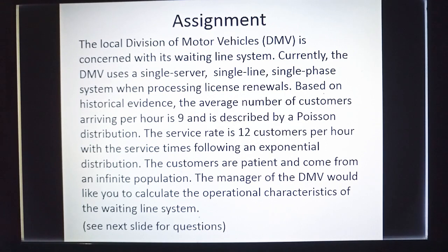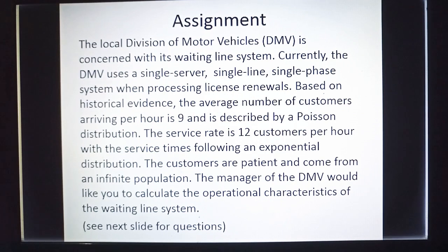Based on historical evidence, the average number of customers arriving per hour is 9 and is described by a Poisson distribution. The service rate is 12 customers per hour with the service times following an exponential distribution. The customers are patient and come from an infinite population. The manager of the DMV would like you to calculate the operational characteristics of the waiting line system.